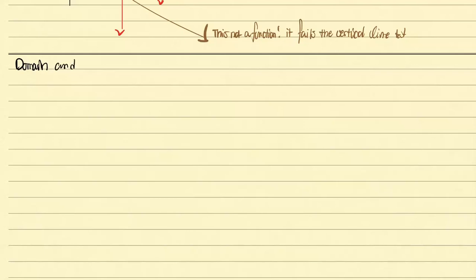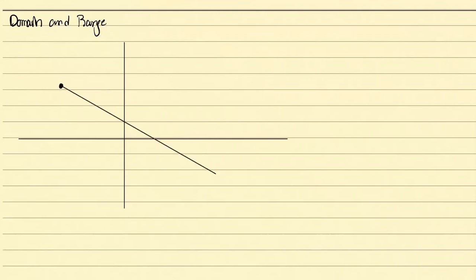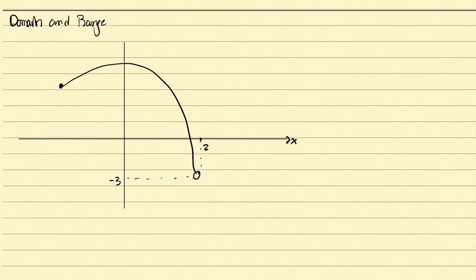Domain and range of functions. So I'm just going to give you some graphs and we can talk about the domain and range pretty easily. It doesn't seem to want to draw the curved line. So we'll put this at like -3. This will be +2. Here's x. Here's f of x.